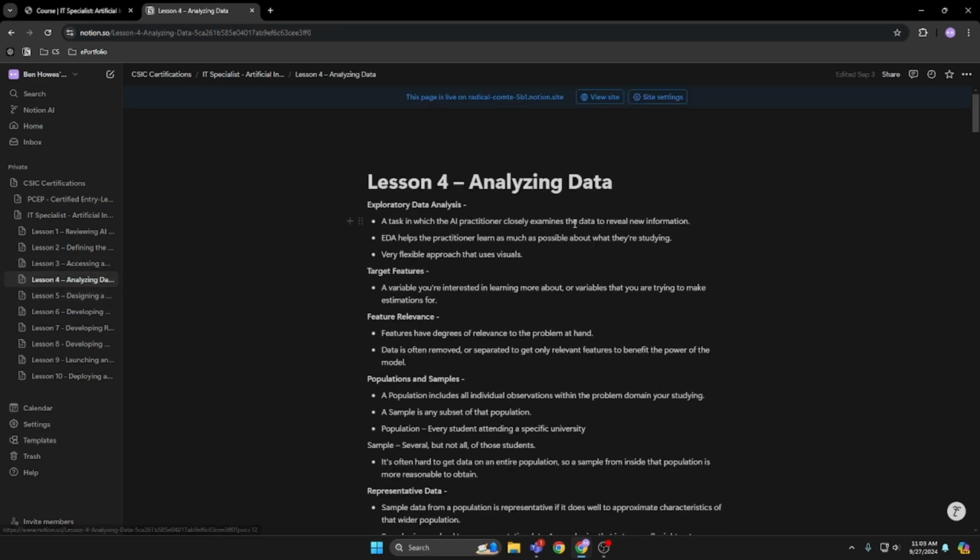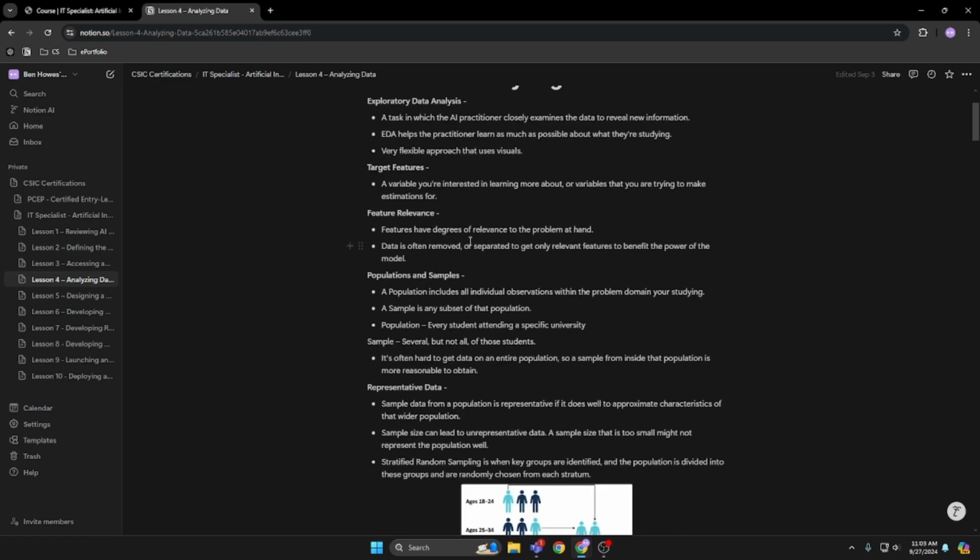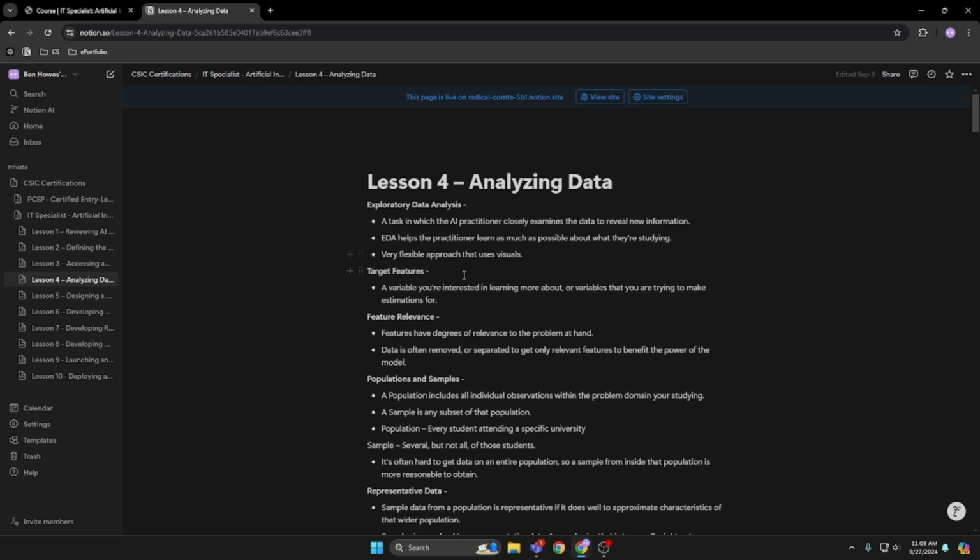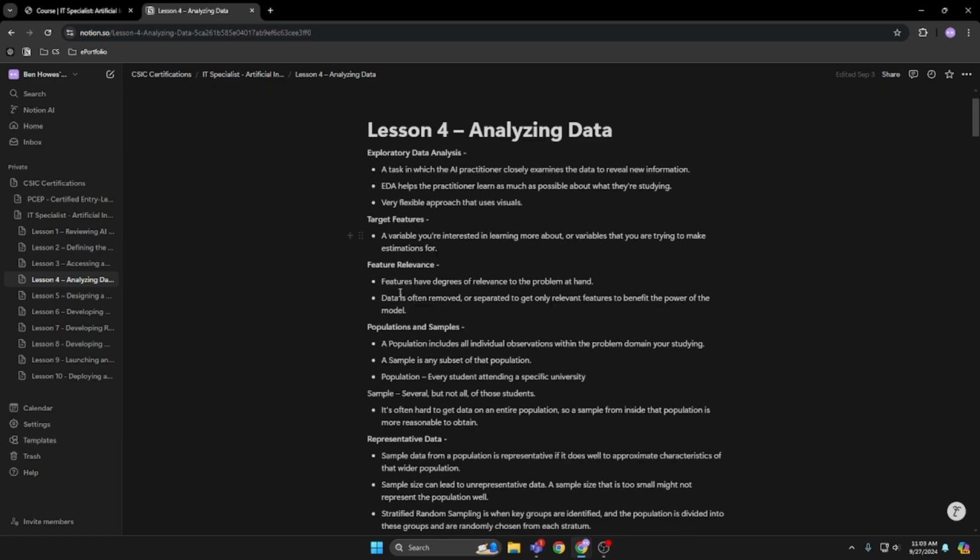And then lesson 4 about analyzing that data, pretty much how to read that data, and how to make sure that everything is again a way that's readable. Feature relevance, make sure that everything's relevant.